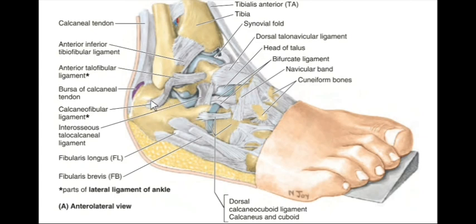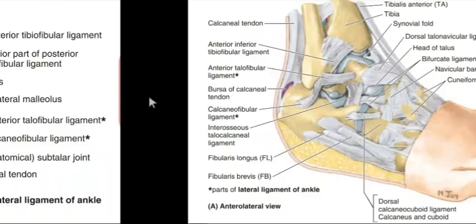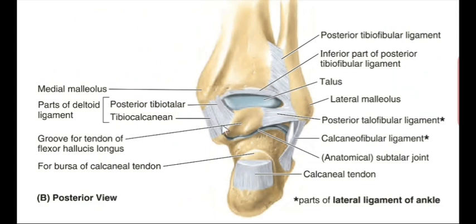Here you can see the tubercle of the calcaneum. The posterior talofibular ligament is a long ligament which passes from the lower border of the malleolar fossa of the fibula to the lateral tubercle of the talus. And this one is the lateral tubercle of the talus.